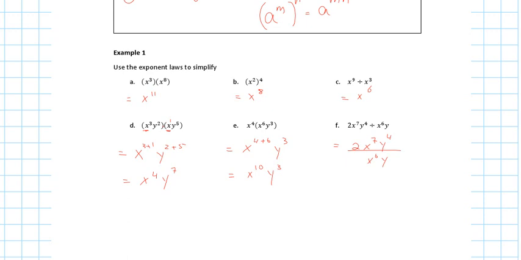Subtract the exponent for the x, yeah? How about the 2? Stays there. There's nothing else to simplify it with. And then this is going to be subtraction, so that's going to be to the power of 1, or I don't have to write it. And then y is to the power of 3. Sure. Questions?